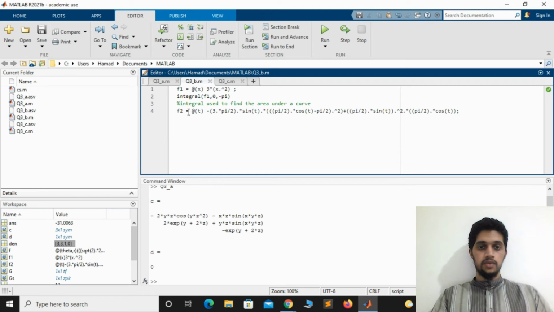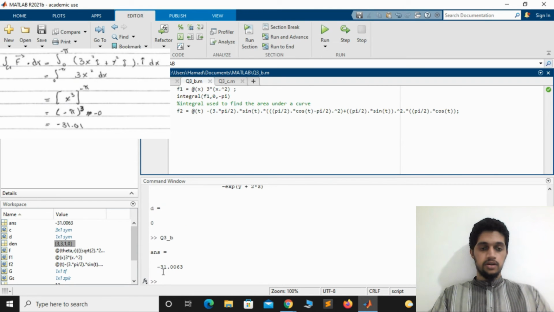Then the last line we have put F2 for the question. Then we can run it to verify our answer. Here we can get the answer for question 3b, which is negative 31.0063, and it's the same answer as our manual calculation.